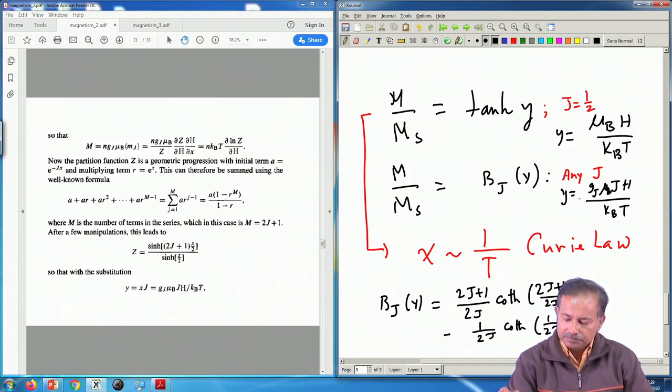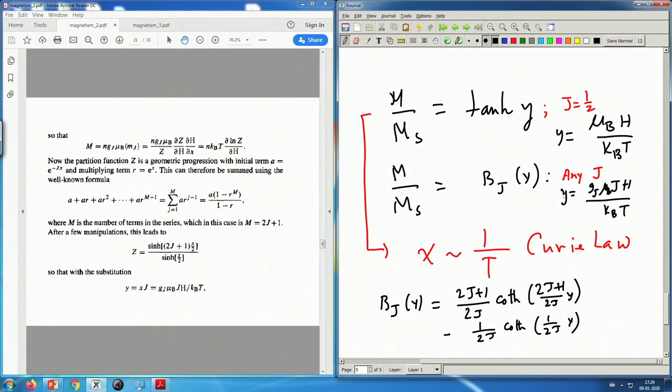Again, you can see that y is a dimensionless number in terms of which things are expressed. It is in the argument of tanh and in the argument of coth here. So, of necessity it is dimensionless. It's a ratio between two energy scales. That is all you need to remember, and the important thing is that y has this h by t ratio in both cases.